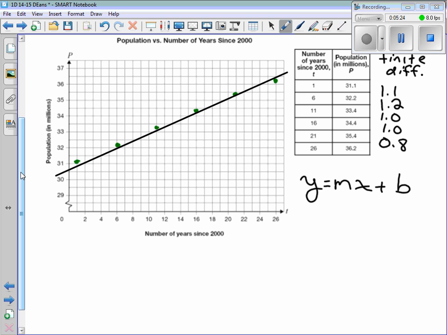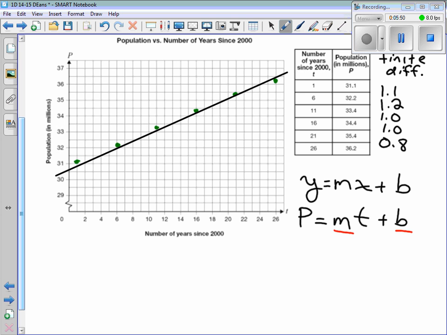What are our two variables? They are t and p. So it's going to be population p equals some slope times t plus some intercept. Our job is to figure out the slope of our relationship and the y-intercept of our relationship. Okay.